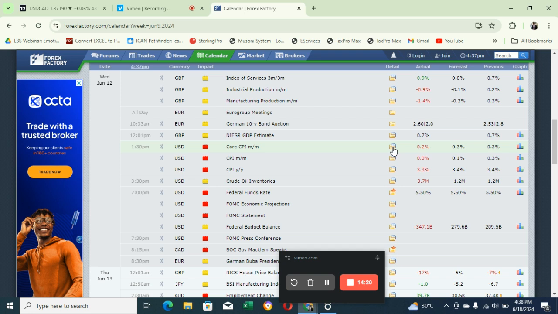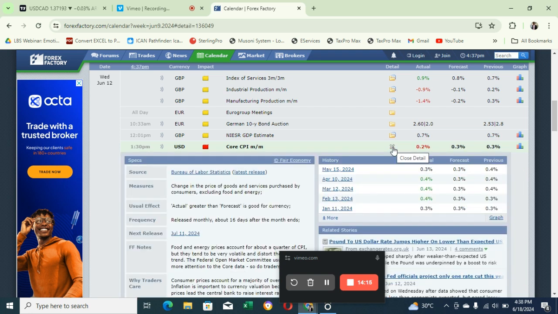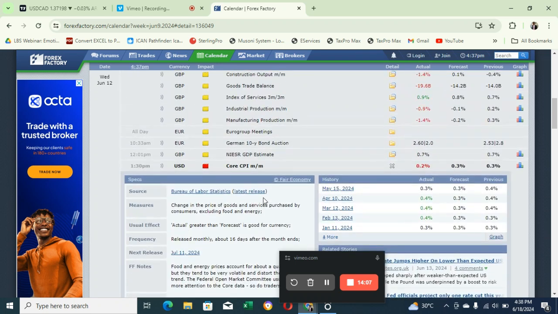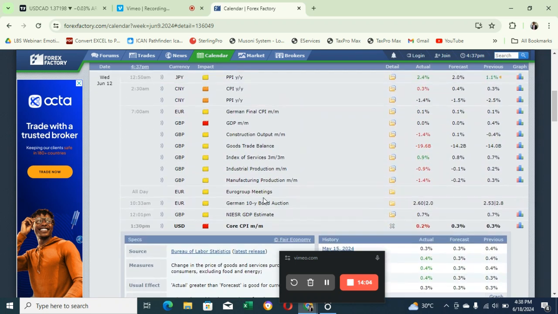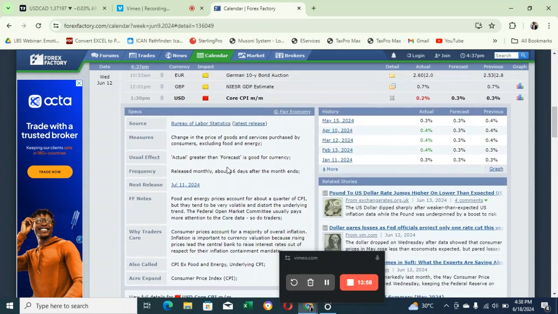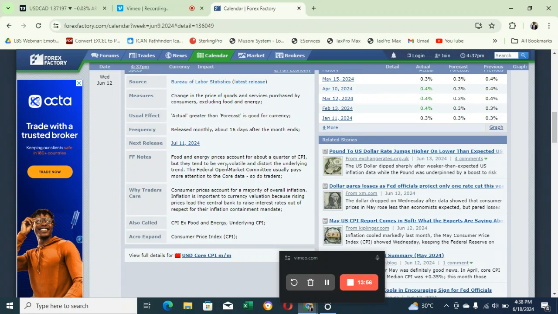So this is the consumer price index news, and you can see that there was a reaction. Because this particular news determines the price of consumer goods, it's a very major news in forex.